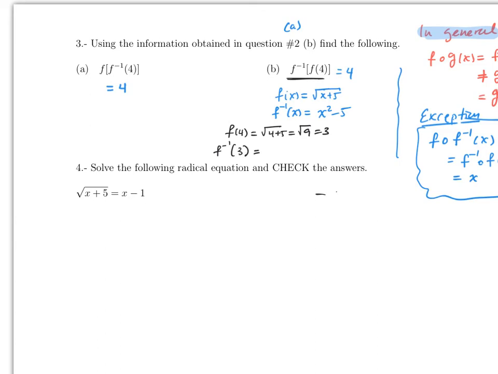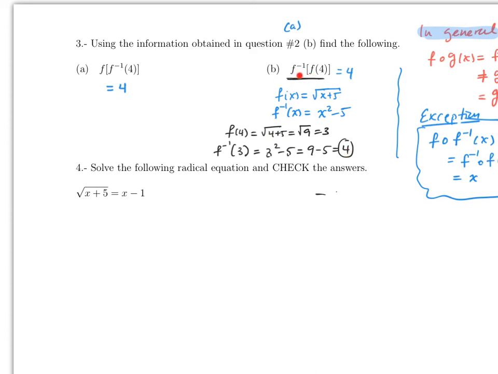And f inverse of 3 will be 3 squared minus 5, which is 9 minus 5, which is 4. Okay? So this is the whole point of this problem number 3. That if these two are the inverse of each other, the answer is always going to be this, regardless of what function you have. So therefore, there was no need to go through all of this. I just did this to show you that you will get 4.